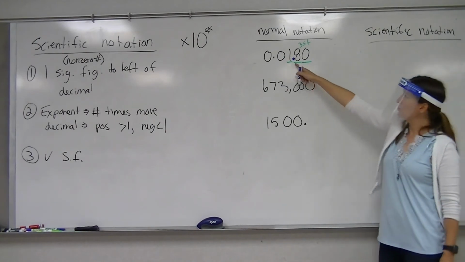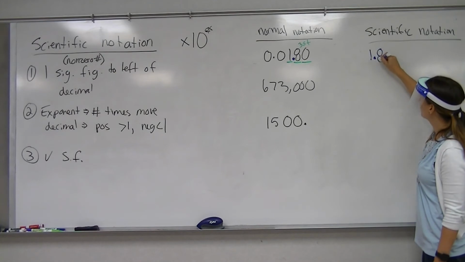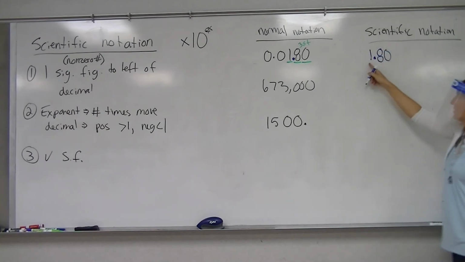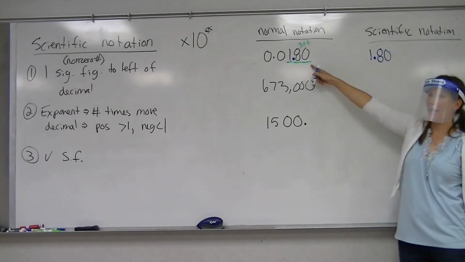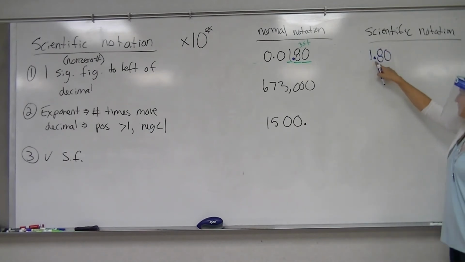So this is where my new decimal place is going to be when I write this in scientific. So I'm going to write the first part. Notice I kept that 0 so that I still have 1, 2, 3 significant figures. If you leave that 0 off, you have the incorrect number of sig figs and the answer is wrong. Okay? So I have my new decimal point.